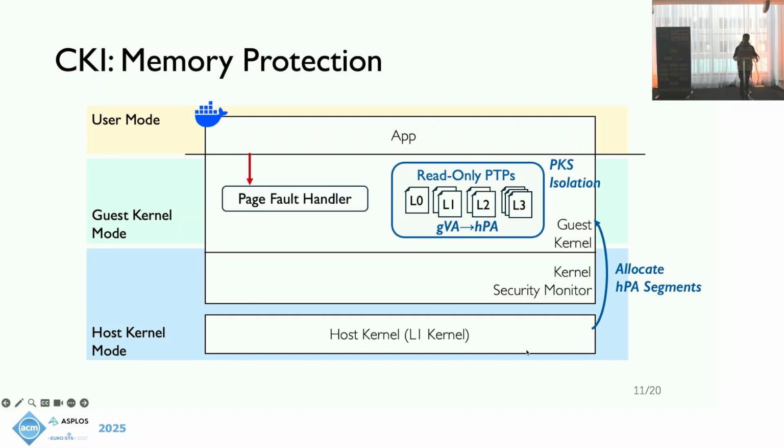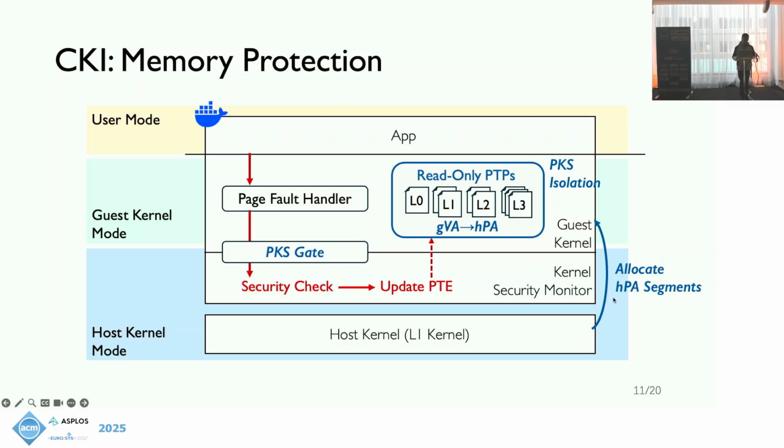When the application triggers a page fault, it directly traps into the guest kernel's handler. The handler allocates a new physical memory page for the application, and then invokes the monitor with an efficient PKS gate to update the page table entry, which maps the new page to the address space of the application.